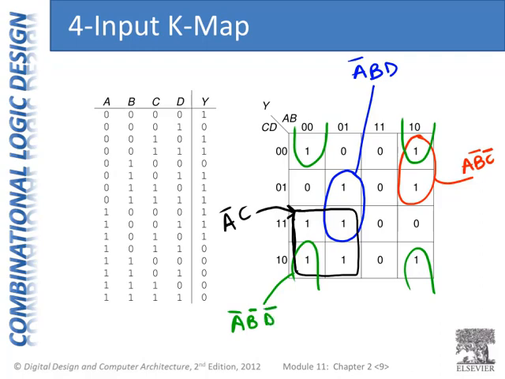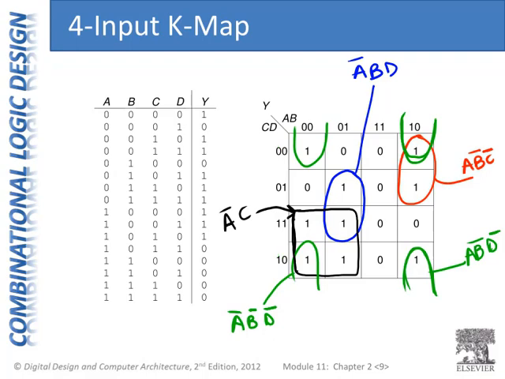Okay, and this other circle over here, again, a circle of two ones that goes from top to bottom, wraps around the edges. We have the true form of A, complement form of B. So we have A and B bar, and just the complement form of D. And we have the true and complement form of C, so C is not in our equation.